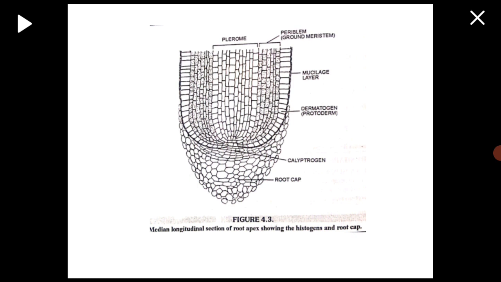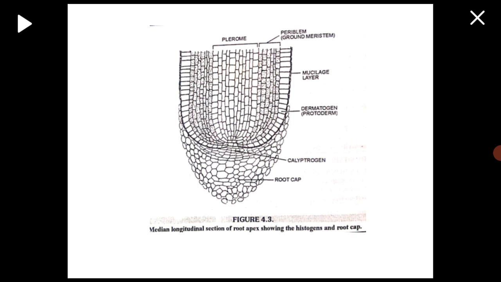The upper three sides divide to form the body of the root, whereas the root cap is formed by the basal segment. This theory, though applicable in vascular cryptogams, fails to get much support in case of higher plants like the angiosperms and gymnosperms. Next, that is the histogen theory.